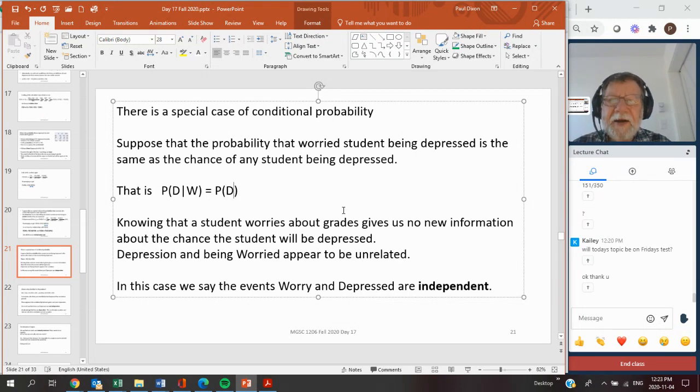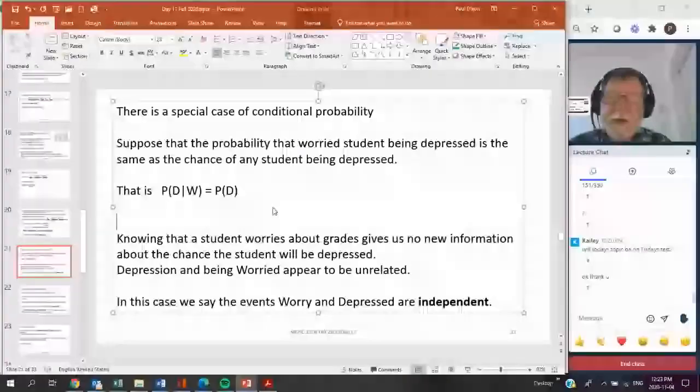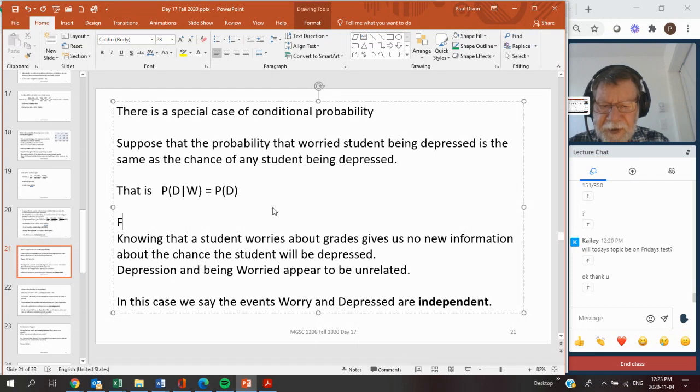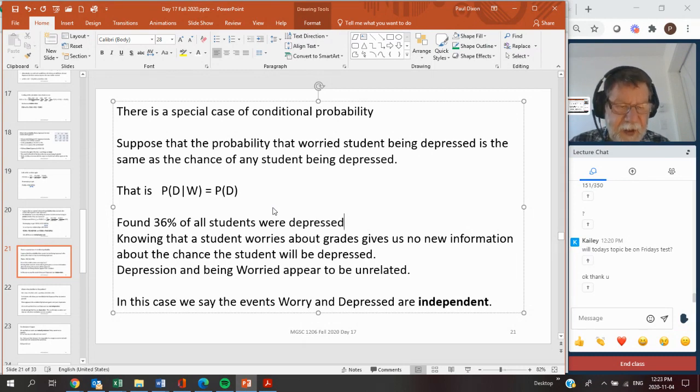So I'm asking about a situation where we had, and I'll just type on my slide here so I can write this out. We found 36% of all students were depressed. Okay.